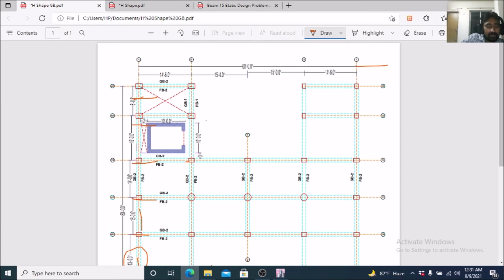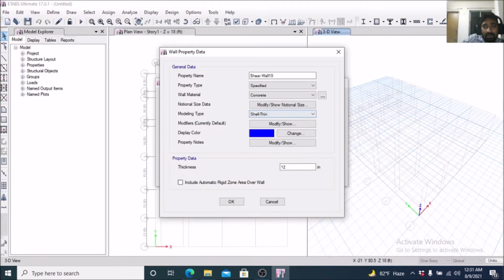So that's why it can be considered as shell. But our question is, shell thin or shell thick, which will it be?